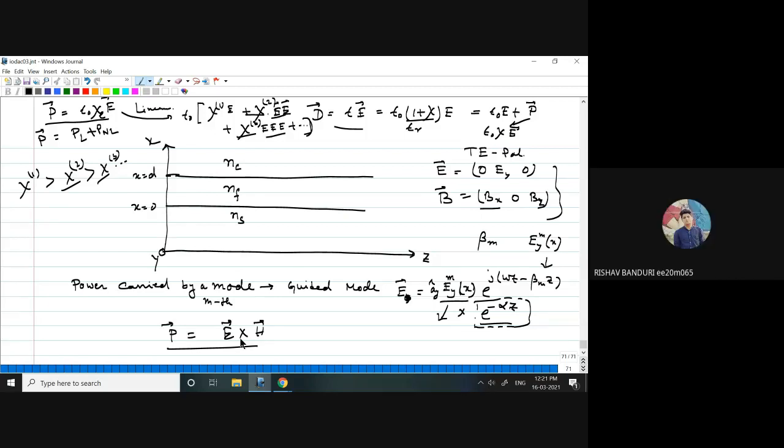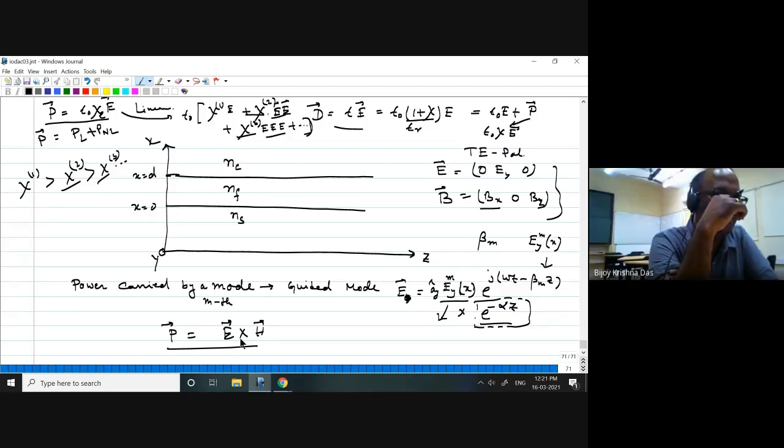To separate out the real part. Why do you not need to consider complex? E and H can be real. This small thing you need to think about whenever you are designing photonics devices, and you need to understand it.